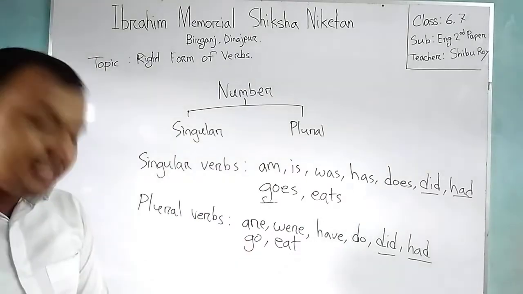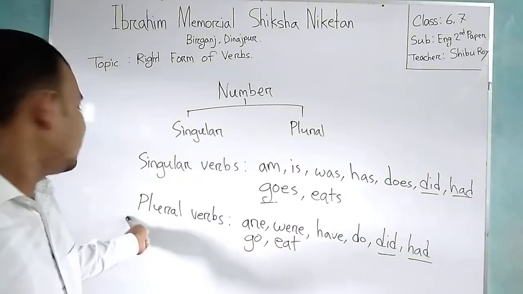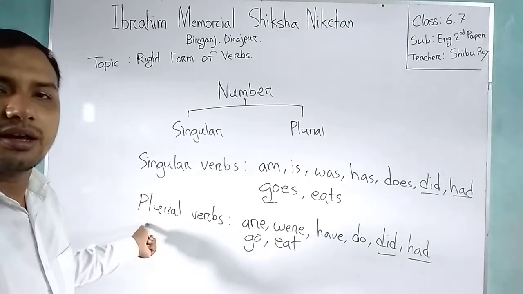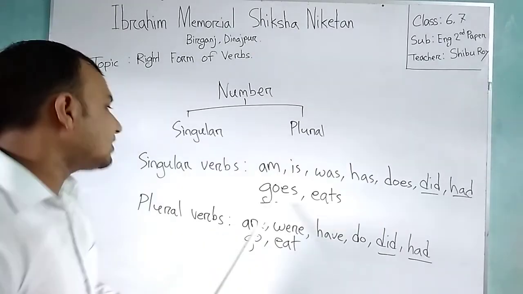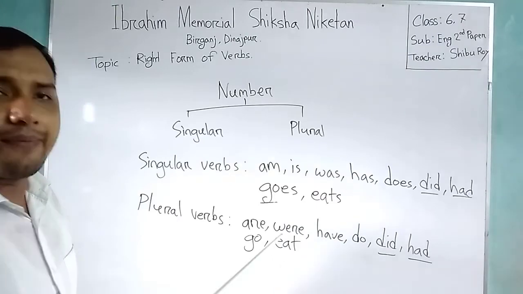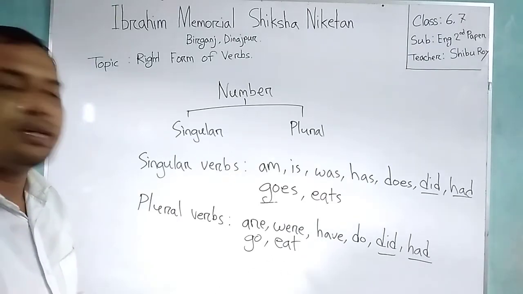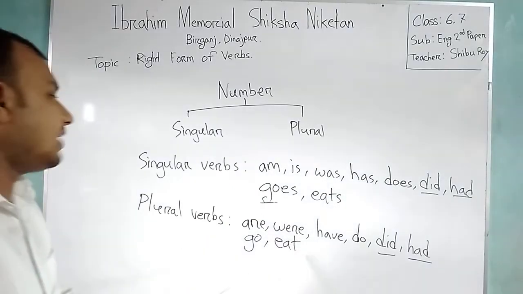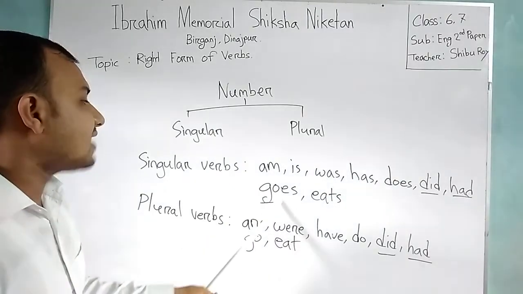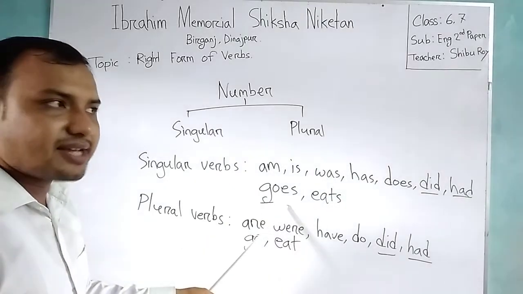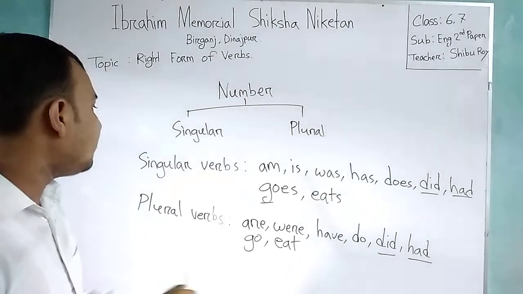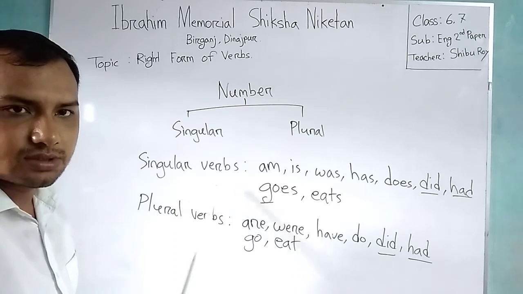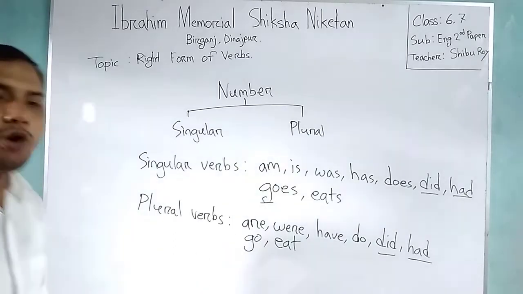So go and eat are respectively plural verbs. It's clear that if the verb is in the base form, then it will be a plural verb. And if the verb has s or es, then it will be a singular verb. Is it clear? Hope you have noted it down.